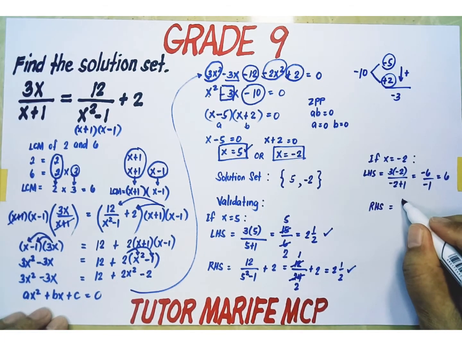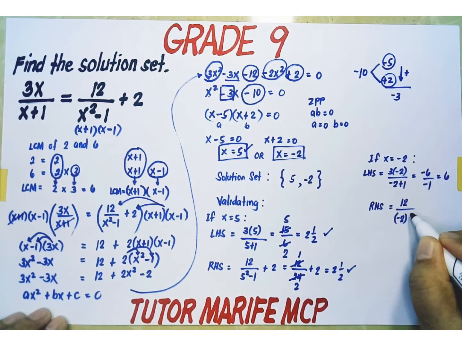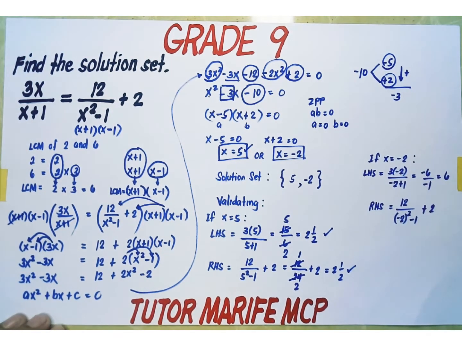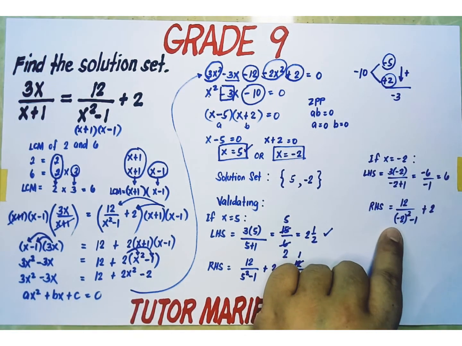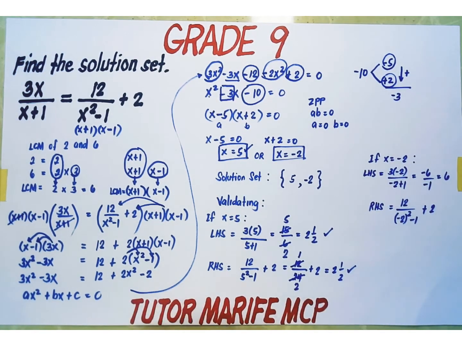Plug in negative 2 into the right-hand side. So, right-hand side equals 12 over negative 2 squared minus 1 plus 2. Don't forget the parenthesis. Iba ang meaning kapag hindi mo nilagyan ng parenthesis yung ini-square mo.